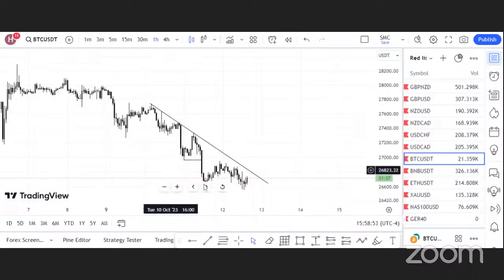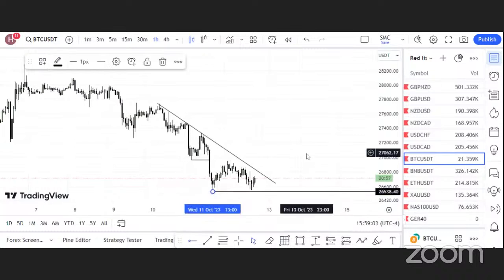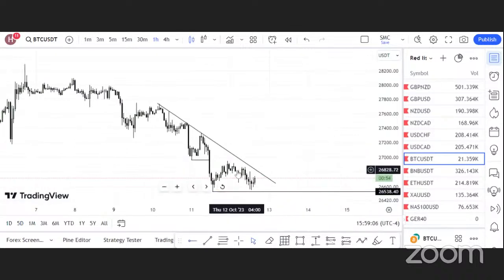I don't know if this is also a break, but let's do this. The market never got there. So what I'm expecting this market to do here is come to this area and then go down.